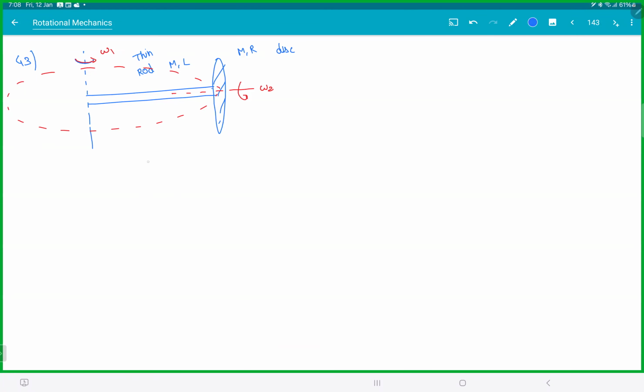So this is like a disk rotates about the central axis. And it is connected to a rod which rotates with omega 1 as shown. Find kinetic energy of the system.